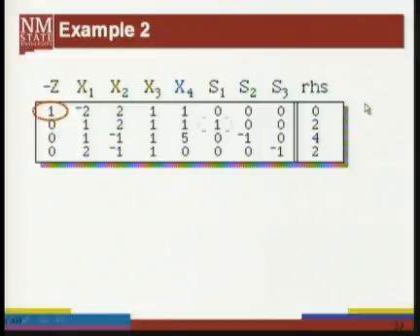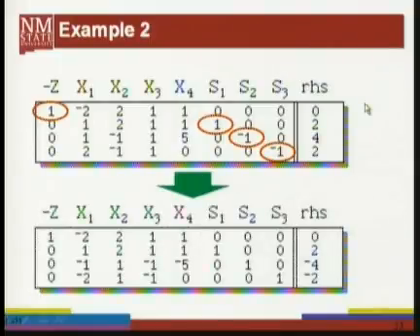Now, choose an initial basis, which is not necessarily feasible at this time, and then pivot variables into the basis. Then the resulting table becomes infeasible, because two basic variables are negative: S2 equals negative 4 and S3 equals negative 2. So this table provides an infeasible solution.